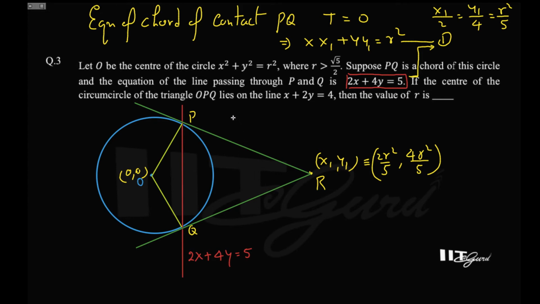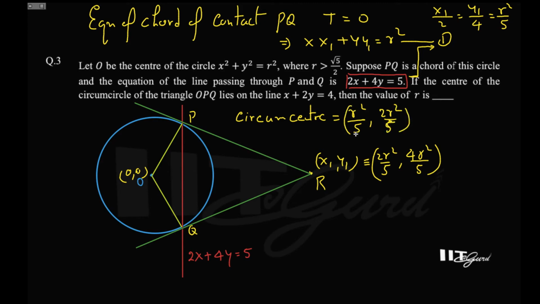Therefore the circumcenter will be half of this, because (0, 0) is there. That is simply r square by 5 and 2r square by 5.